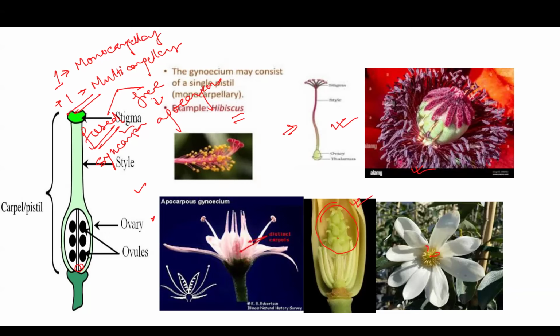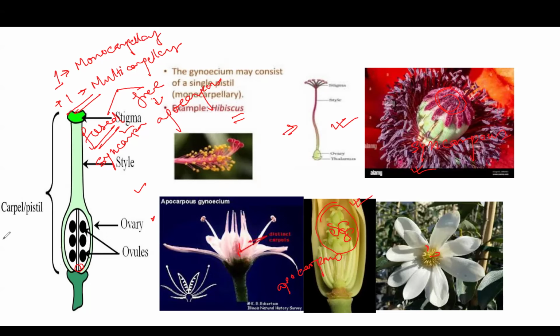All the carpels are completely free. So this multicarpellary has a number of ovaries, and the carpels are completely free of each other. Hence, I call this apocarpous. And here you see the carpels are fused. Hence, I call it syncarpous.